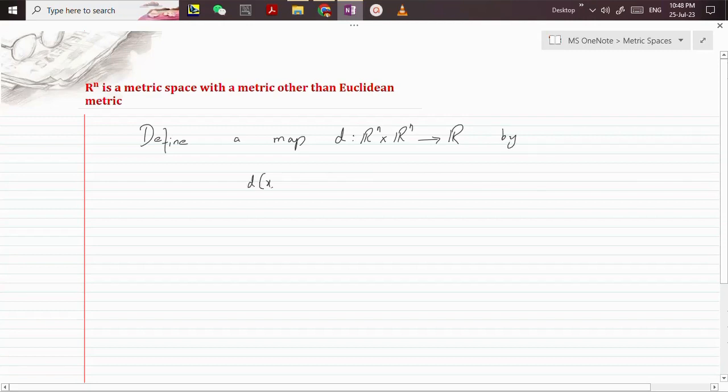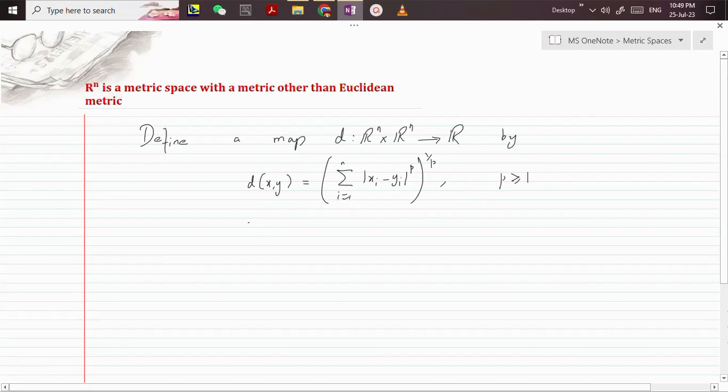how can we define D of xy is equal to the summation i from 1 to n, here is a finite sum, mod of xi minus yi whole power p, and whole power 1 by p, where p is greater than or equal to 1.